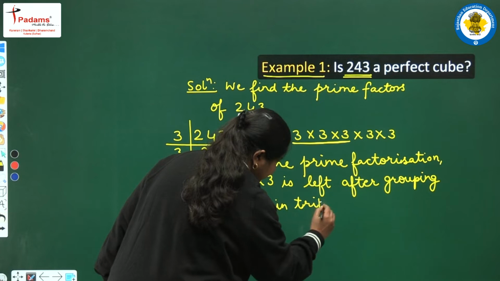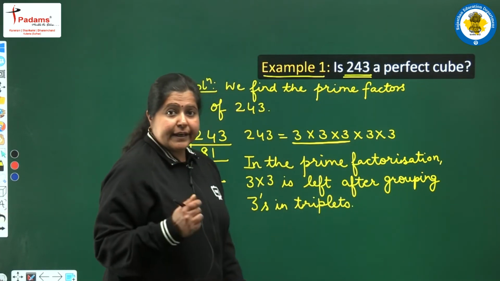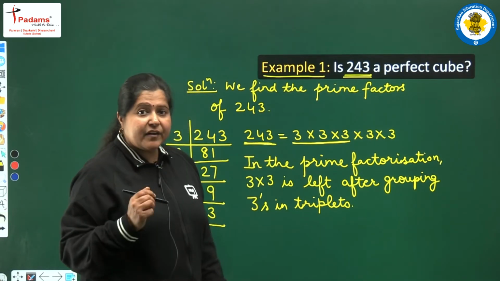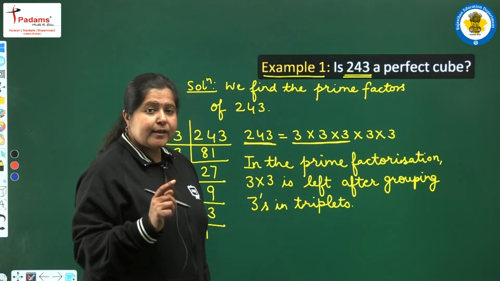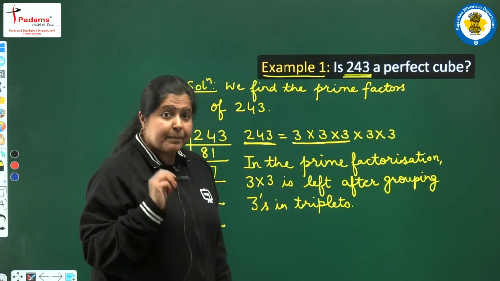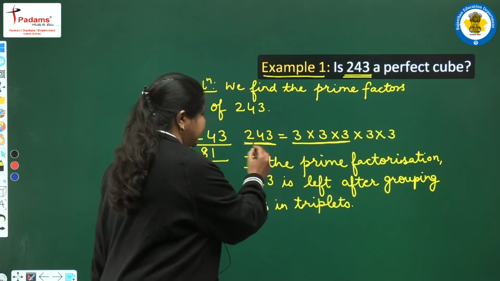After forming the groups of 3, this 3 into 3 is left. Now, is it a perfect cube? Is this number 243 a perfect cube? Just recall that when the prime factors appear in triplet form, in groups of 3, only then that number is a perfect cube.